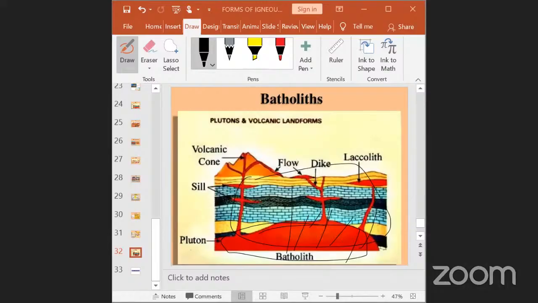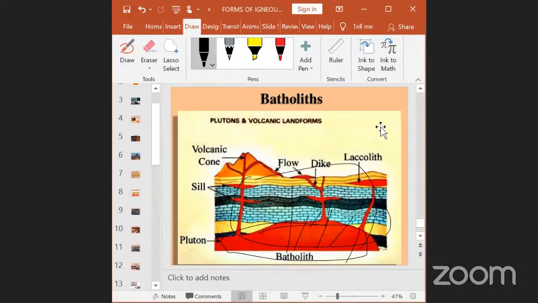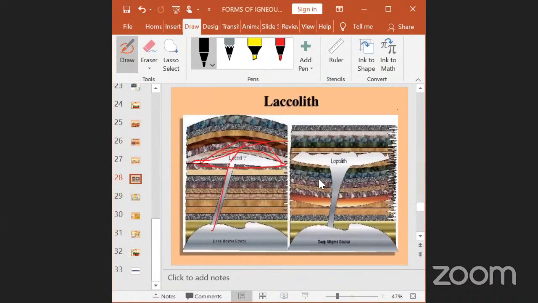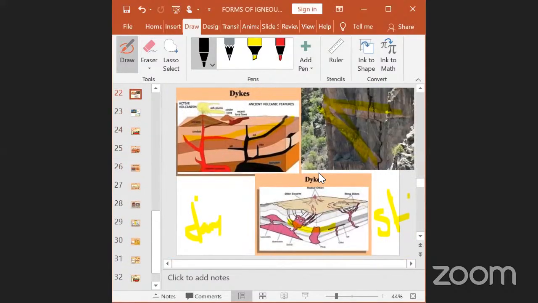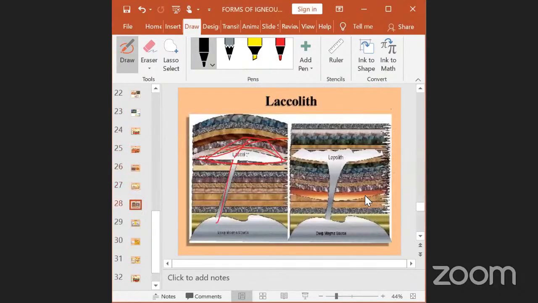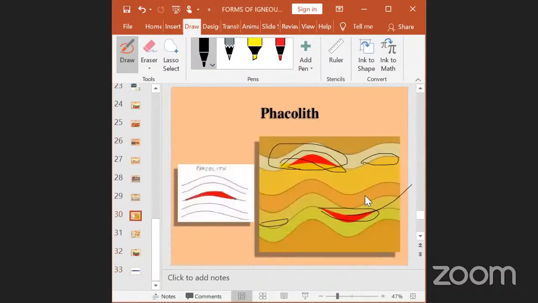You see here, this is the batholith, right? So dikes and also sills and volcanic necks, and laccolith, lopolith, bysmalith, batholith, right?